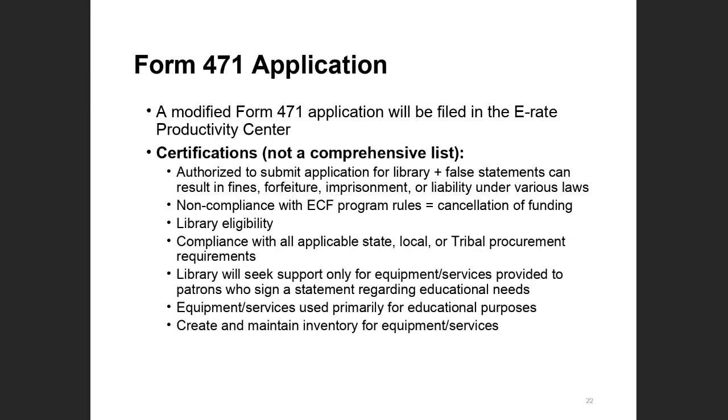That your library is eligible for the ECF. That you're in compliance with any state or local bidding rules. That you're only seeking support for equipment or services that will be used for educational needs of your patrons. And then you need to create and maintain a certain inventory for the equipment and services. We're going to get into that a little bit later.